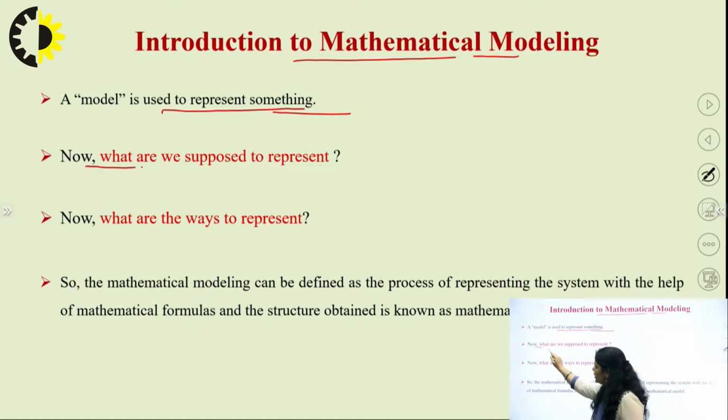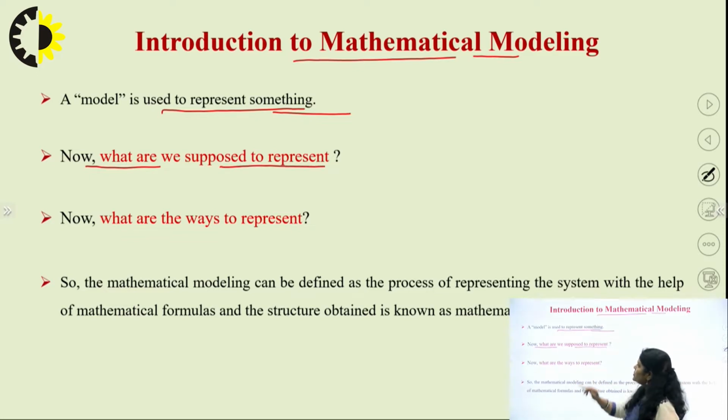So the next question that arises is what are we supposed to represent? We can represent the nature, the behavior or the different activities involved in a system. And if these activities are represented in a proper format, then we will get a mathematical model. Clear? So what will we represent here?